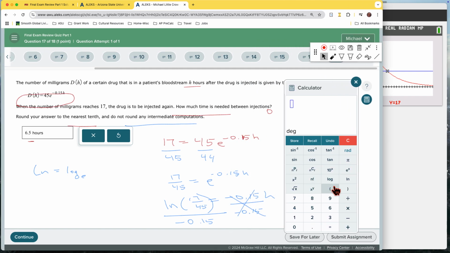So I would do natural log of 17 divided by 45, get outside of that, and divide by negative 0.15, and that equals 6.48, rounded to 6.5. Same answer, just need all these properties to do that. Either way will work.